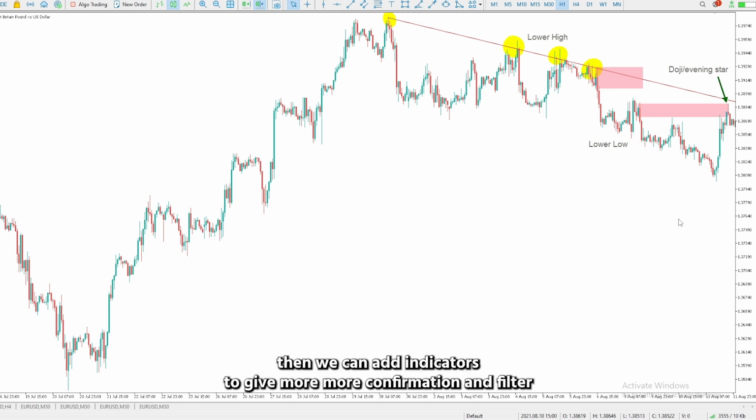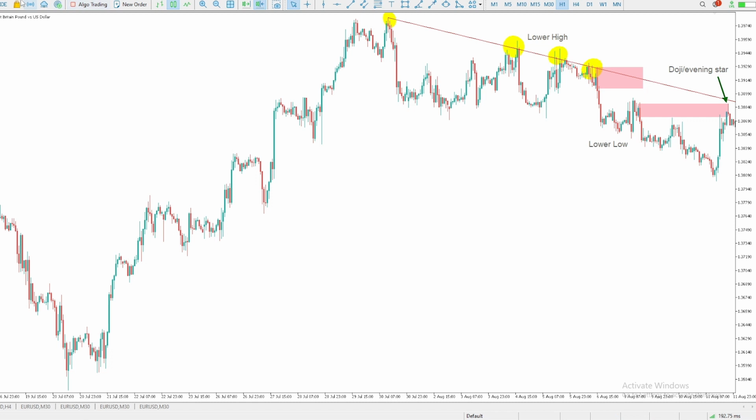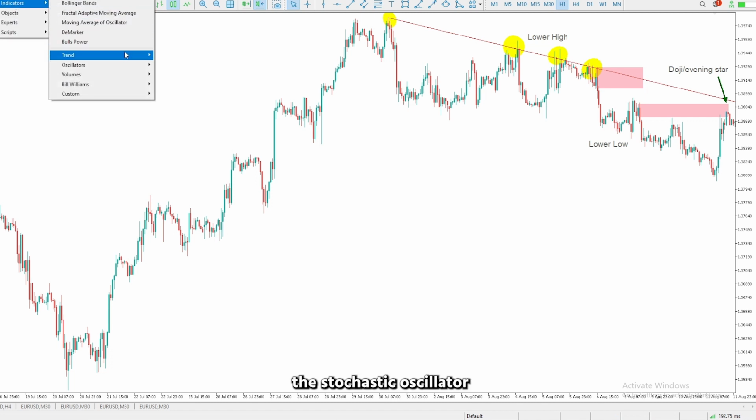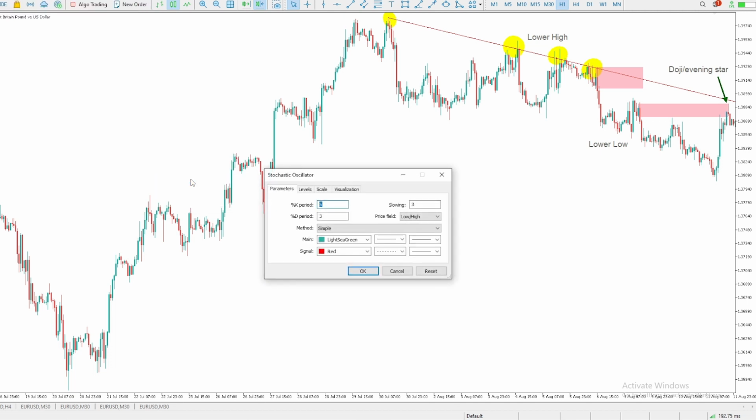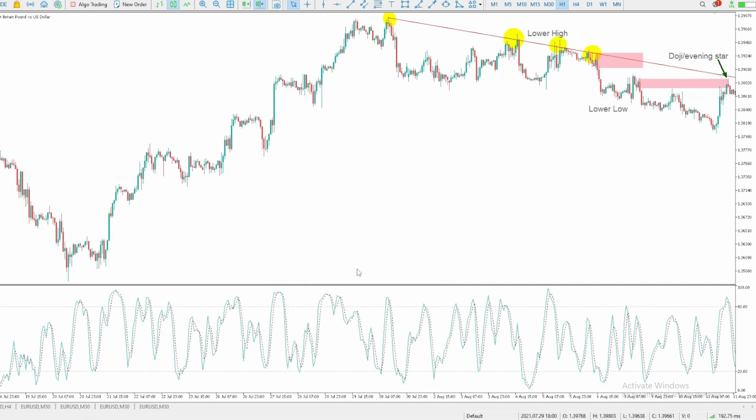Then we can add indicators to give more confirmation and filter out trades from losses. I'm going to use the stochastic oscillator with the default settings to detect if the price was in the overbought area.